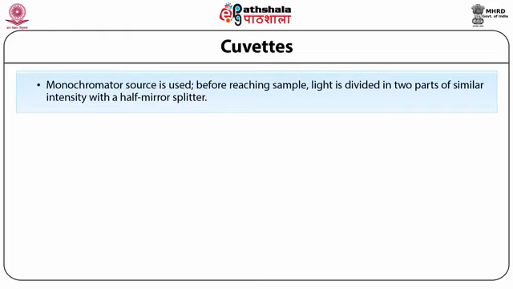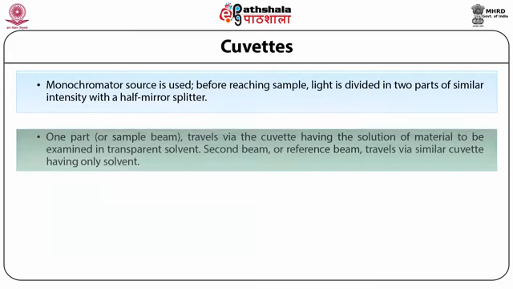So light is divided in two parts of similar intensity with a half mirror splitter. One part, or sample beam, travels via the cuvette having the solution of the material to be examined in a transparent solvent.